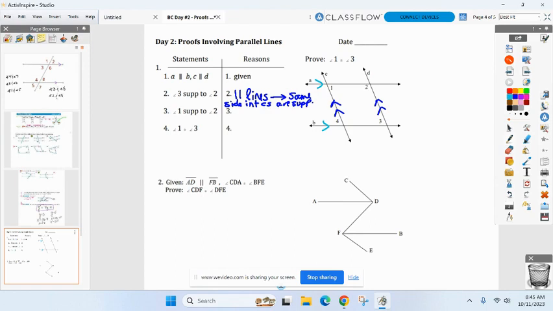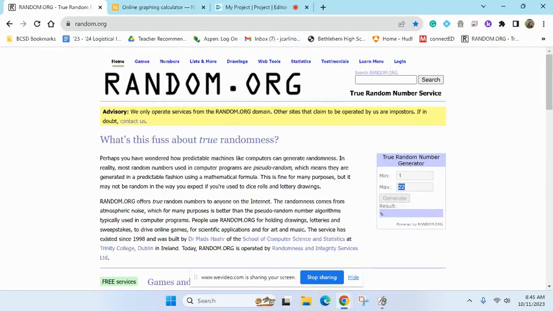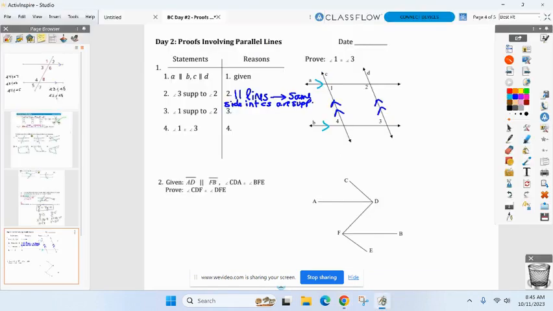All right, step 3. Now I'm saying 1 and 2 are supplementary. Why am I saying that now? What type of angles are 1 and 2 up here? Don't overthink it. Lily? Just straight angles?